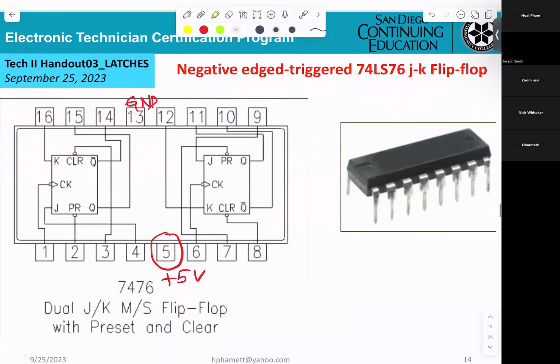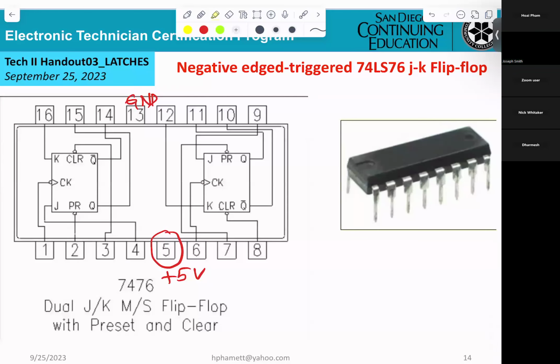And now they give you another one, JK 7476. On this IC you get 16 pins, 1, 2, 3, 4, 5, 6, 7, 8.